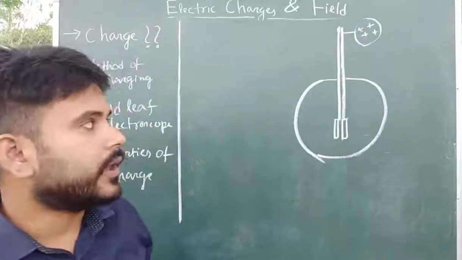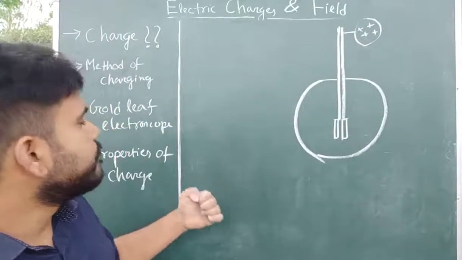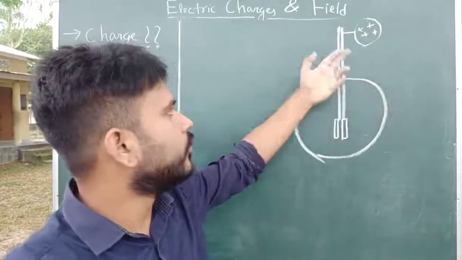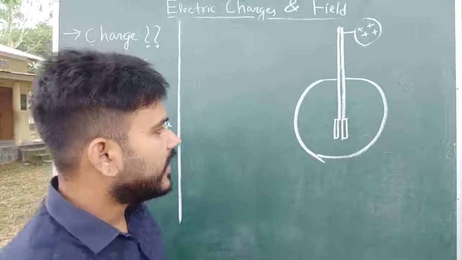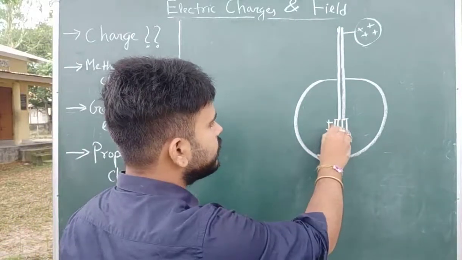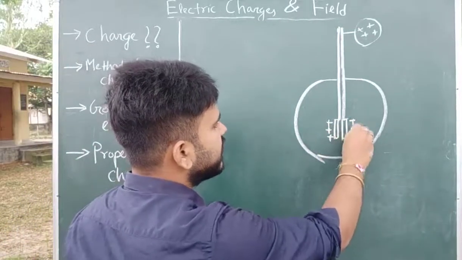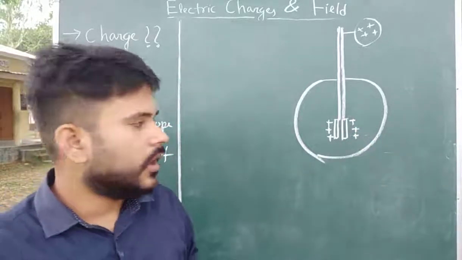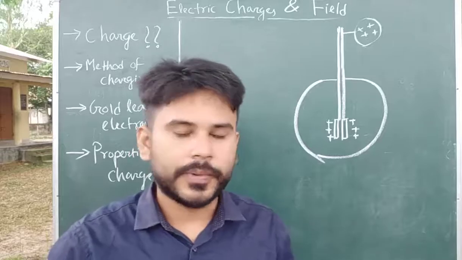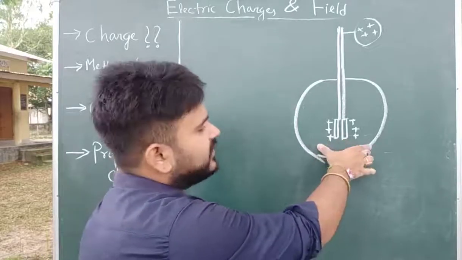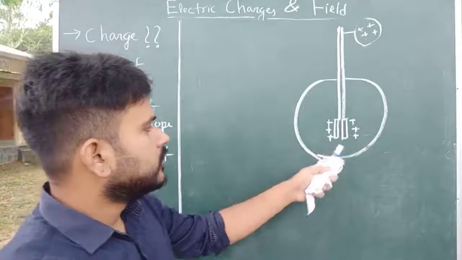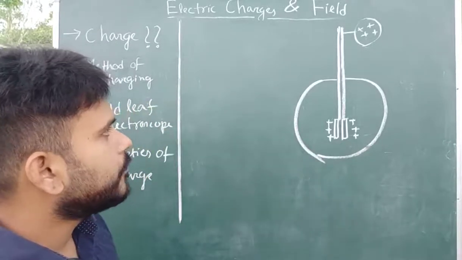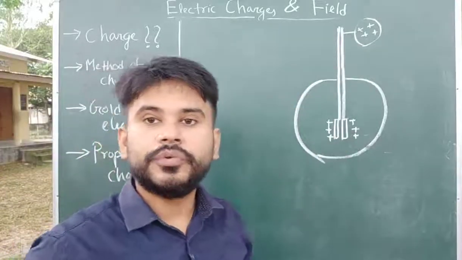Then due to conduction, the positive charges will flow from this end to this end, and the gold plates get positively charged. Due to the Coulombic force of repulsion, they will repel each other. Now we can say from the repelling that the unknown body is positively charged.